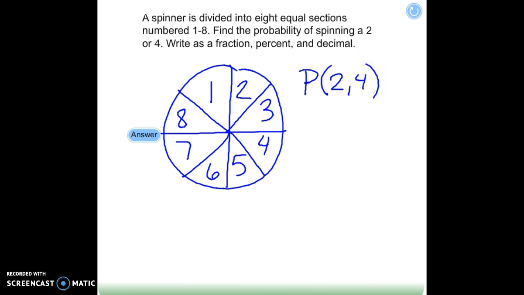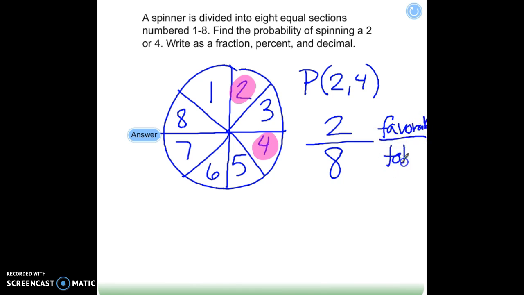Okay, well, I could spin a 2 or a 4. So I have 2 possible or 2 favorable outcomes over 1, 2, 3, 4, 5, 6, 7, 8 total outcomes. So again, you always put your favorable over your total. Okay, this can be reduced. I can both divide 2 and 8 by 2. 2 divided by 2 is 1, 8 divided by 2 is 4.